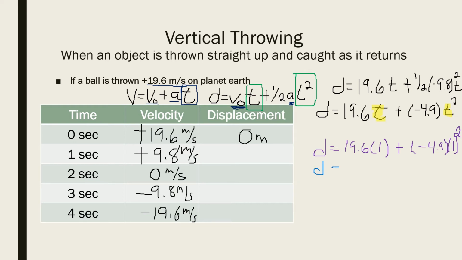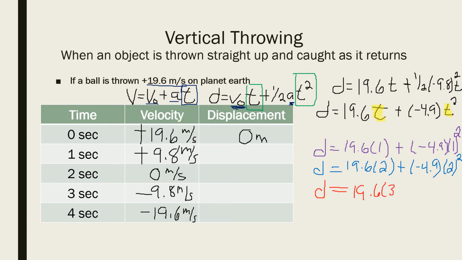D equals 19.6 times 2 plus negative 4.9, 2 squared. The only thing that is changing is the times. Look at it, line by line. The only difference is the time.